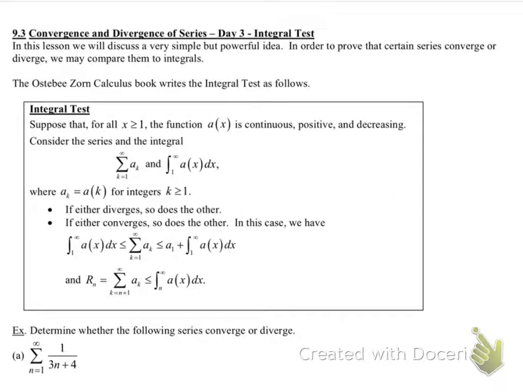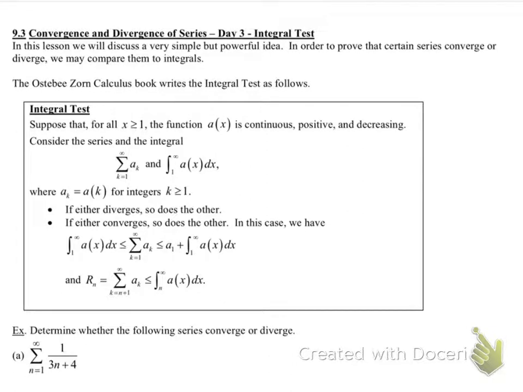So we can also show that our sum is somewhere between the integral from 1 to infinity and the first term plus the integral between 1 and infinity of a of x dx.